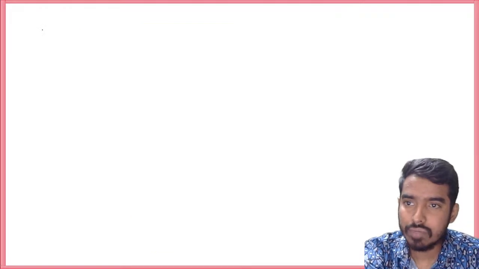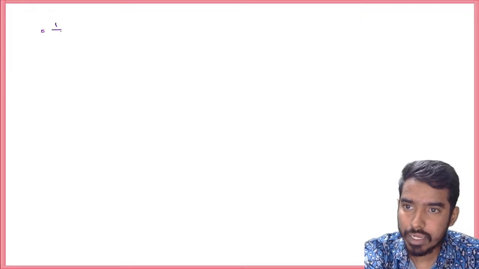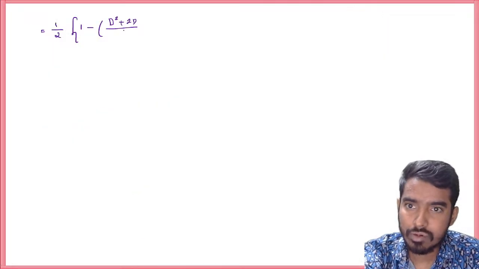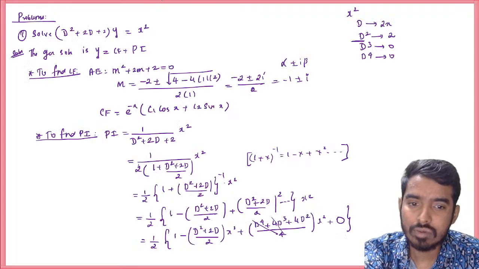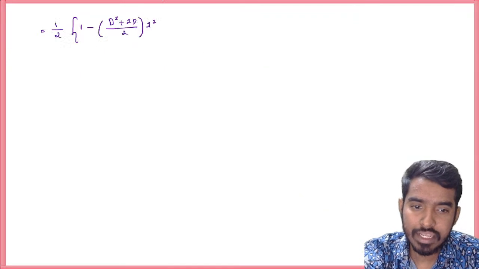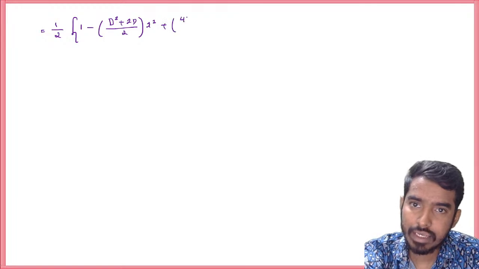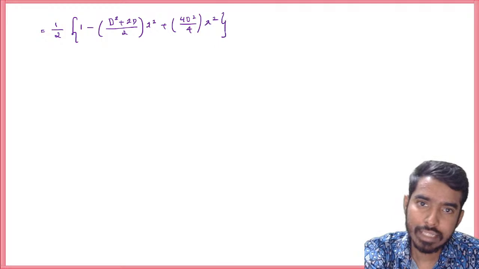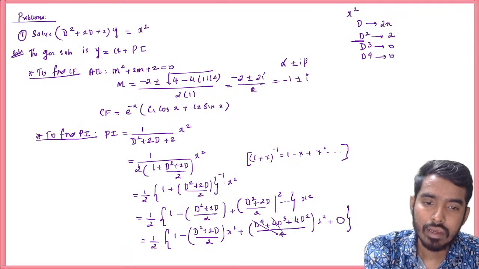So we have this to be equal to 1 by 2 of (1 minus d square plus 2d) by 2 of x square. And here we're going to have 4d square by 4 as the only term that will be here. Other terms will be 0, right?